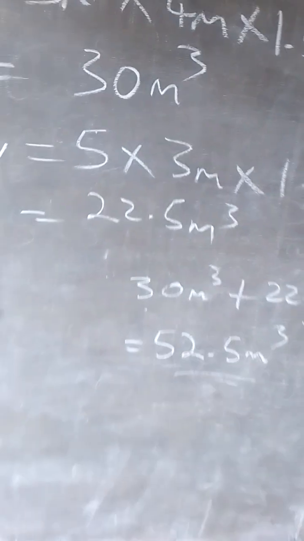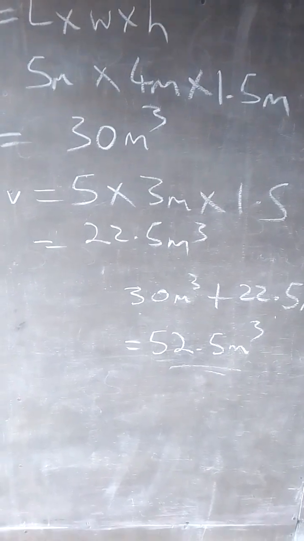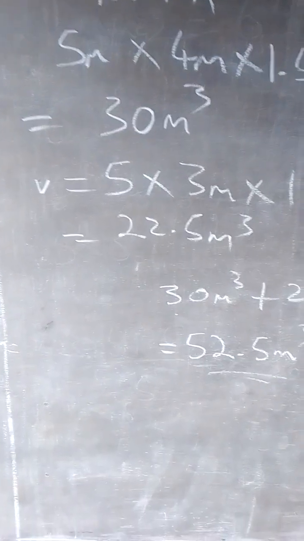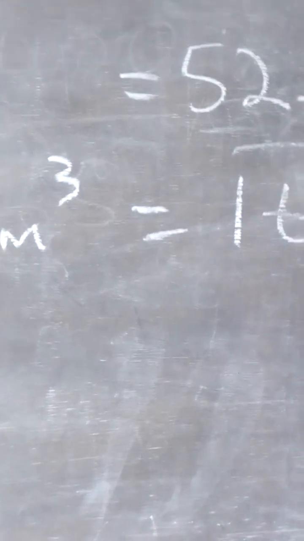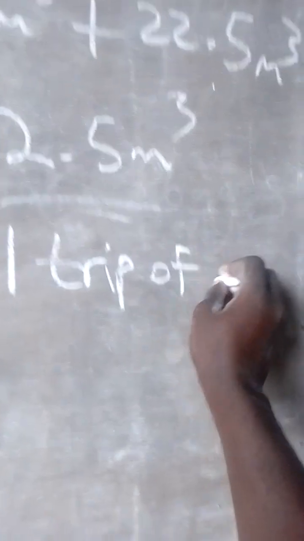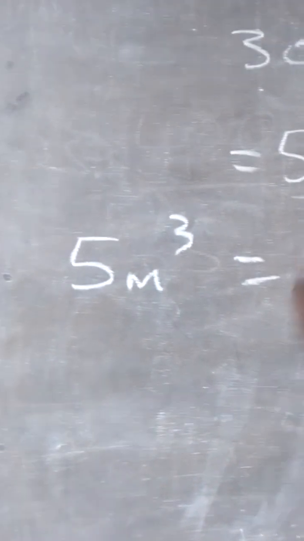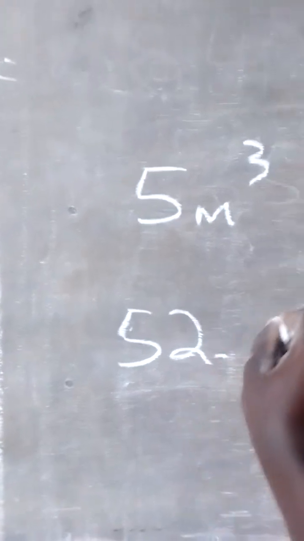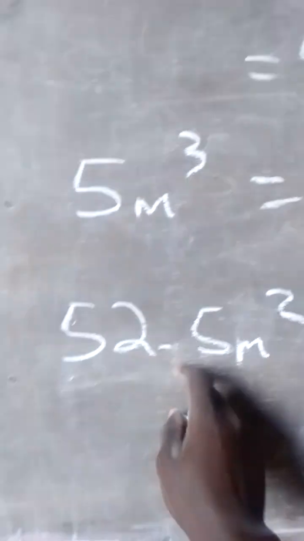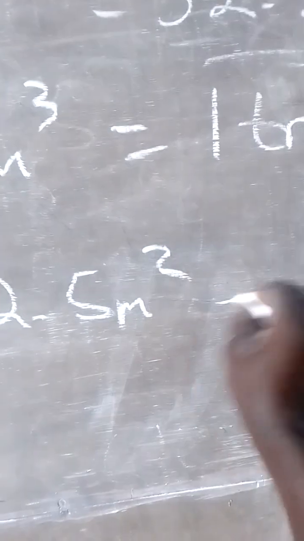Now, we already know that 5 meter cube gives us 1 trip of red mud. Now, what it means is what will 52.5 meter cube give us? 52.5 divided by 5 times 1.